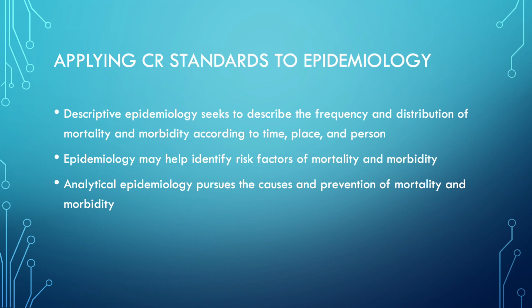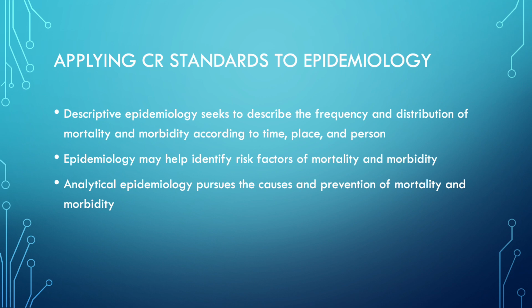An example of this would be, what was the rate of breast cancer in adult women in the 1990s? Mortality is death, and morbidity is disease or injury. So it's the distribution of death or disease or injury.